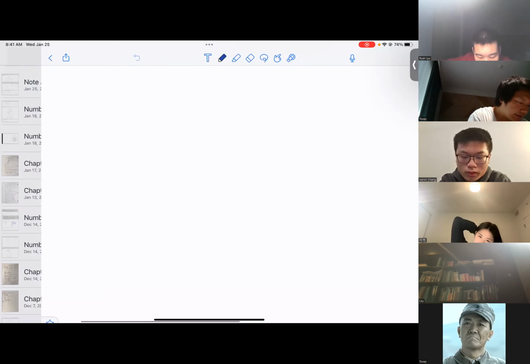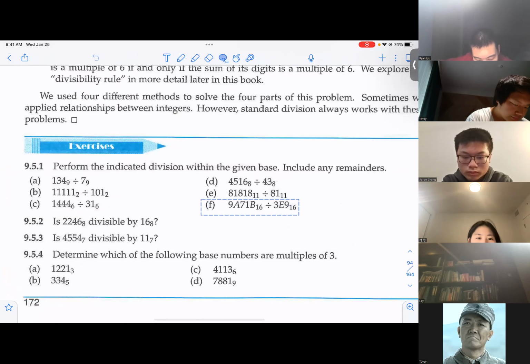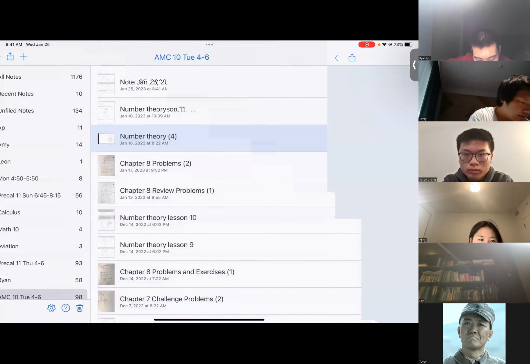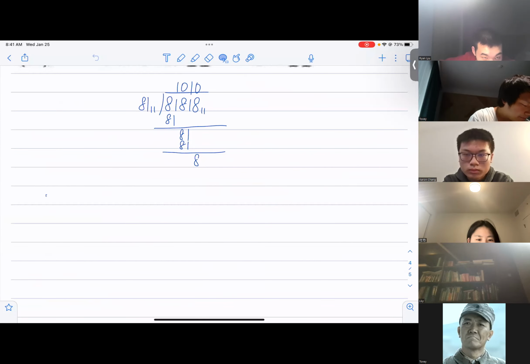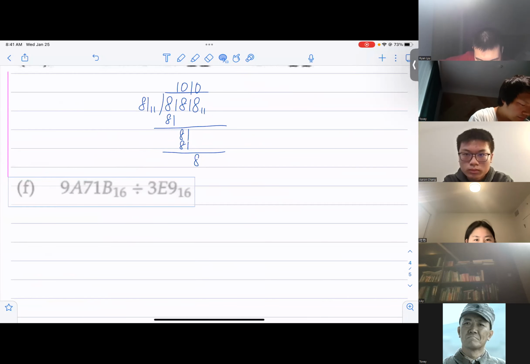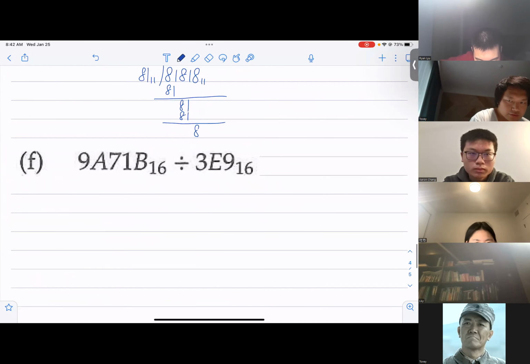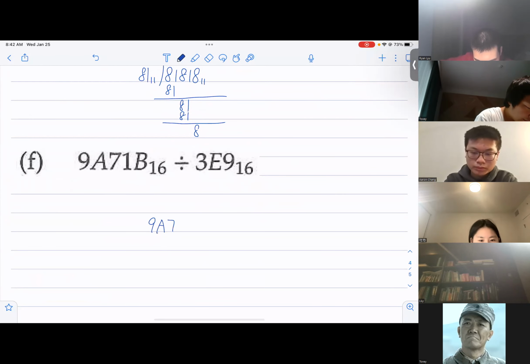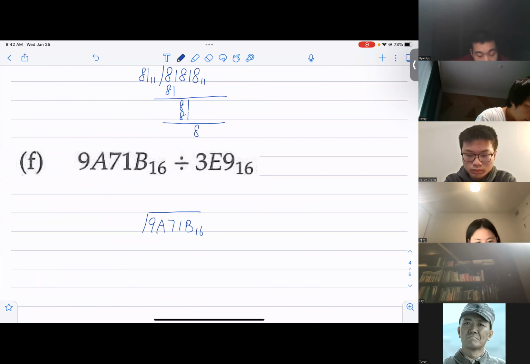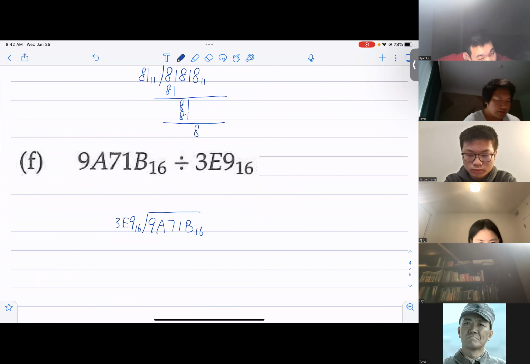So next we have this thing with a letter. So you could do 9A71B, that's in base 16, divided by 3E9 in base 16.